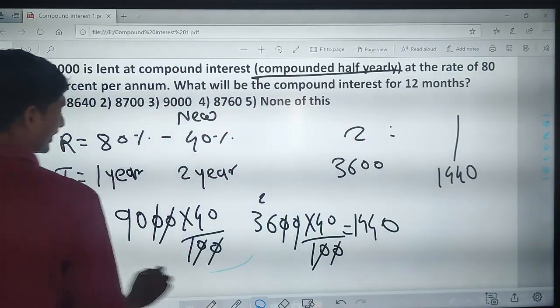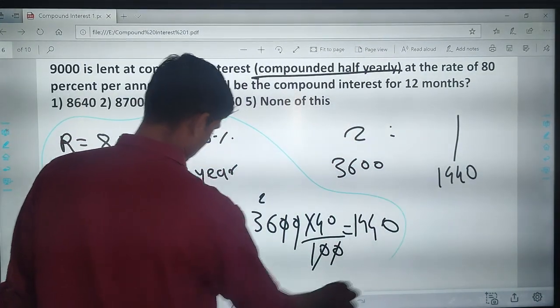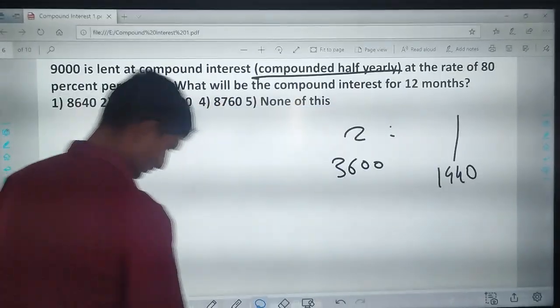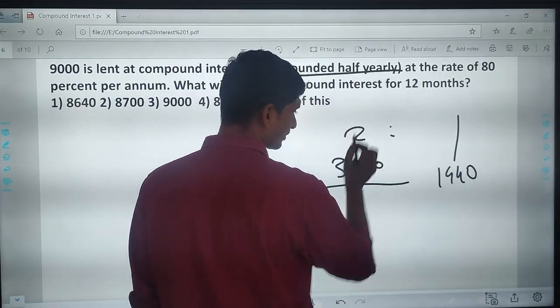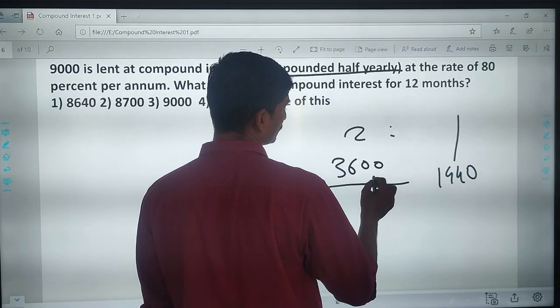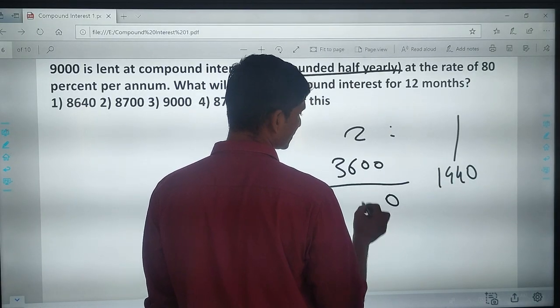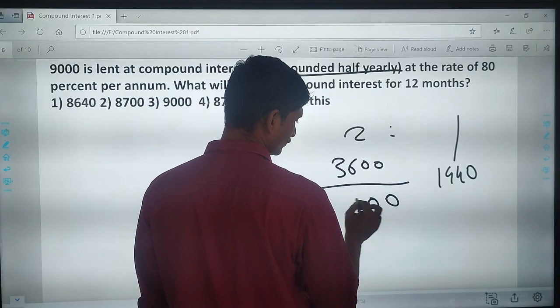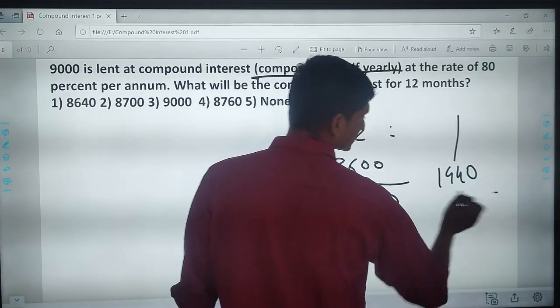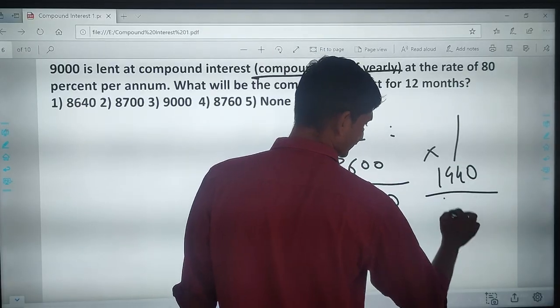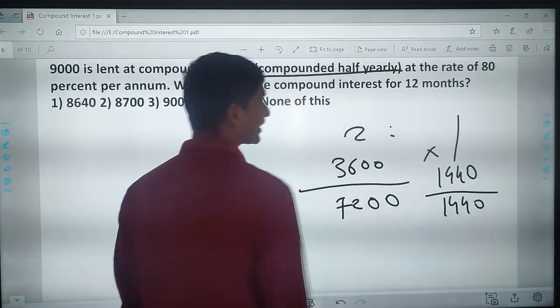Now here we get multiplication and addition. Here we get 360 into 2, 3060, 600 into 2. Now we get addition.